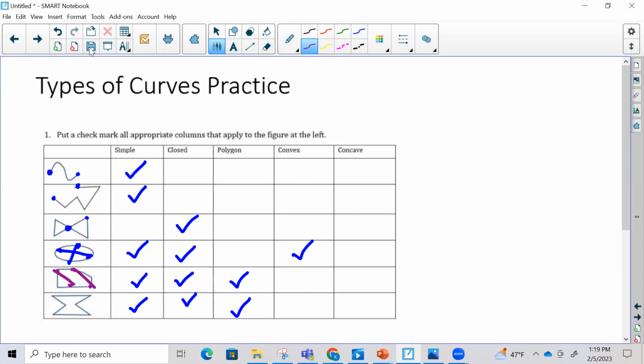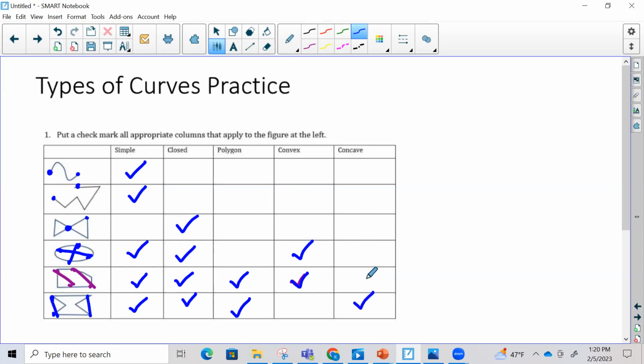So that one is also convex. But this one, if I connect like these 2 points or these 2 points with a line segment, my line segment is pretty much outside of the figure, completely outside the figure. And so this one is not convex, and therefore it is concave.